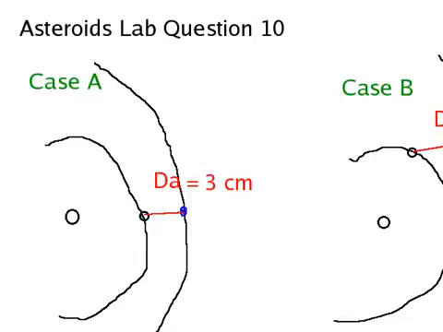Okay, and the brightness is inversely proportional to the square of the distance. I'm just going to make a note of that.